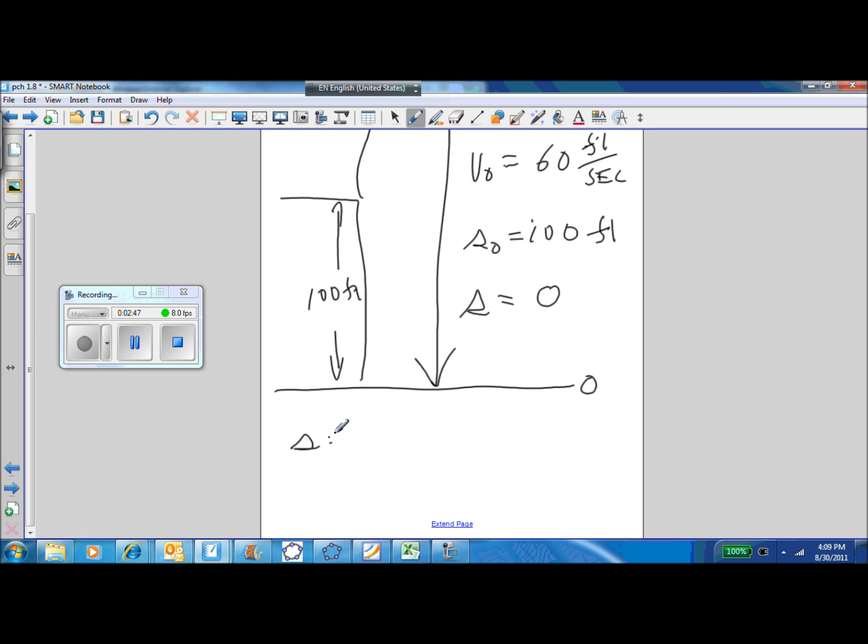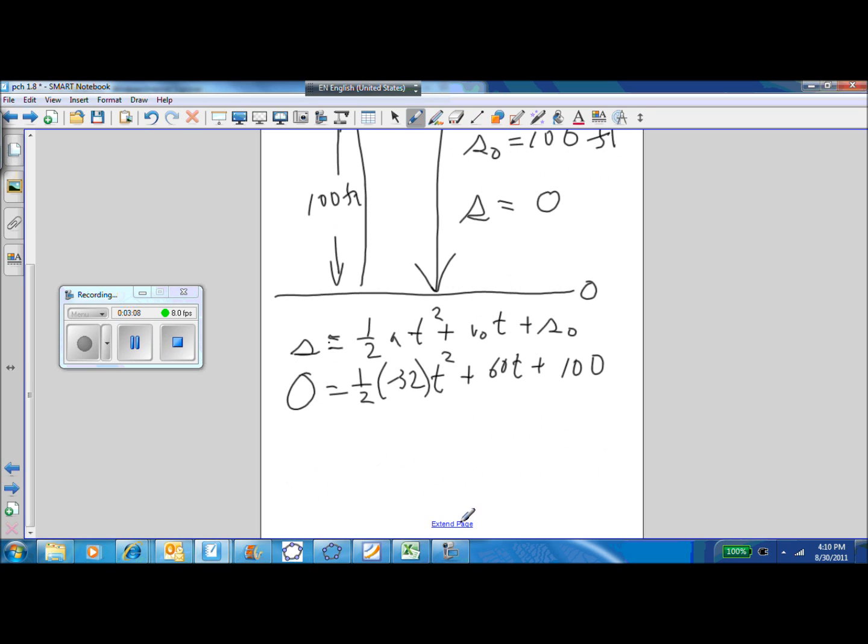So we go ahead and put that into the formula. Displacement equals 1/2 a t squared plus initial velocity times time plus initial displacement. So 0 equals 1/2 times negative 32 t squared plus 60t plus 100. And we go ahead and solve that.